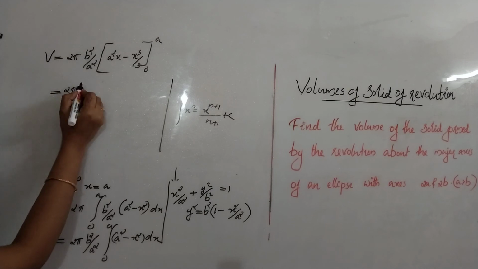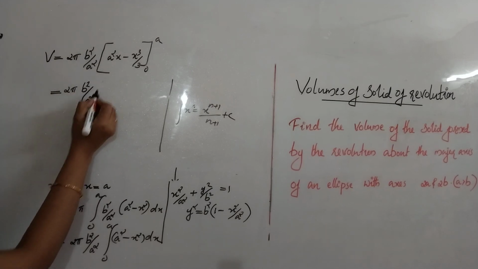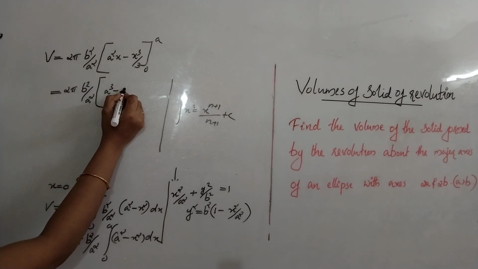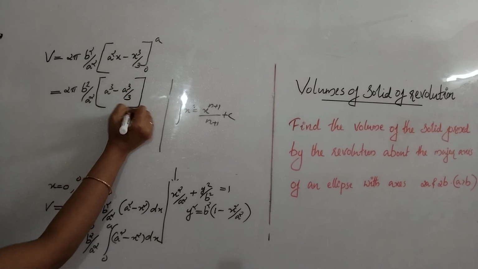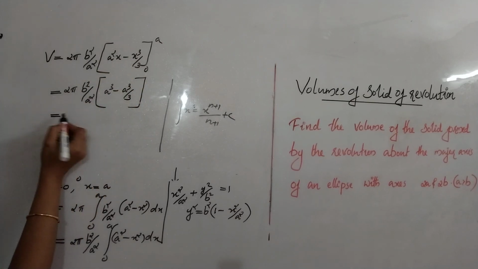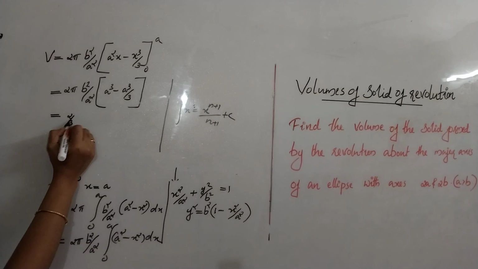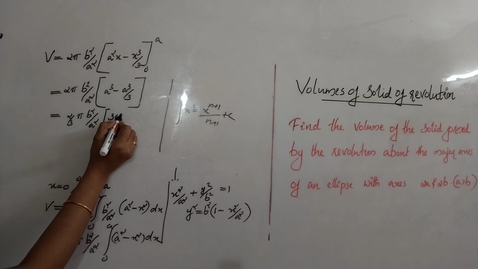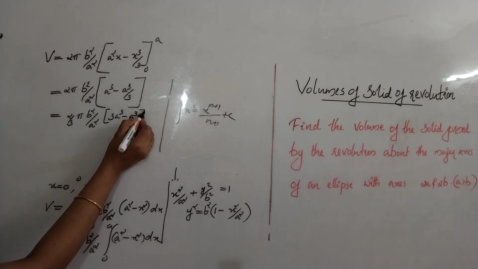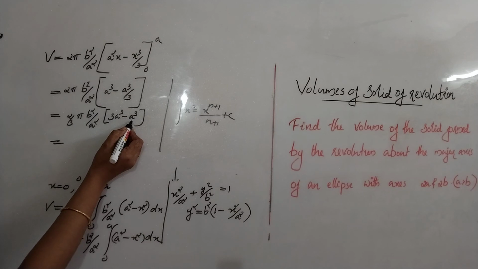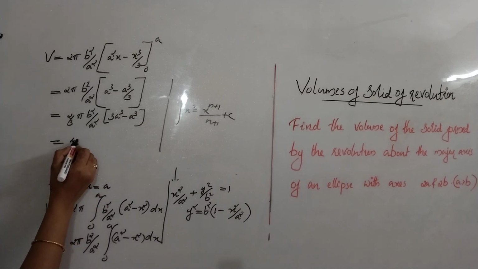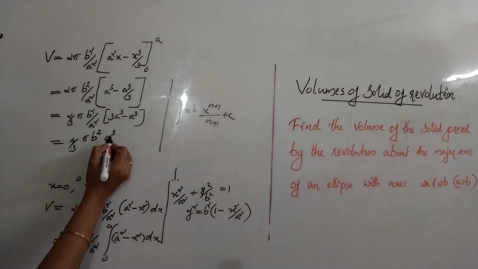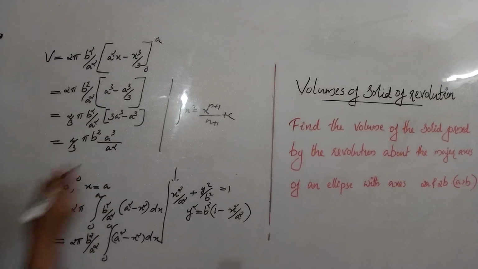Now 2 pi into b square divided by a square into, after applying the upper limit, a cube minus a cube by 3, and applying the lower limit, this becomes 0. That is 2 by 3 pi b square by a square into 3a cube minus a cube, that is 2a cube. 2 into 2 is 4, 4 by 3 pi b square into a cube divided by a square.